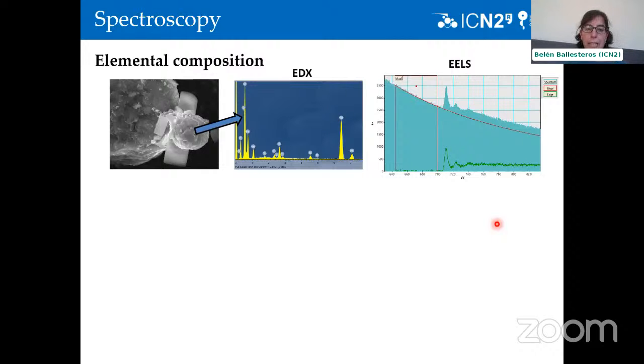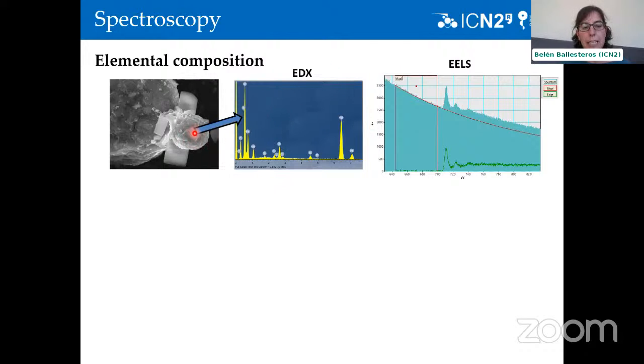Okay, so I told you about these 3 types of imaging techniques that we have, which is SEM, with the different detectors, TEM and STEM. Then in electron microscopes, we can also do spectroscopy, and we can get to know the elemental composition of our materials. We have two techniques to do that. One is EDX, and I'm showing an example here.